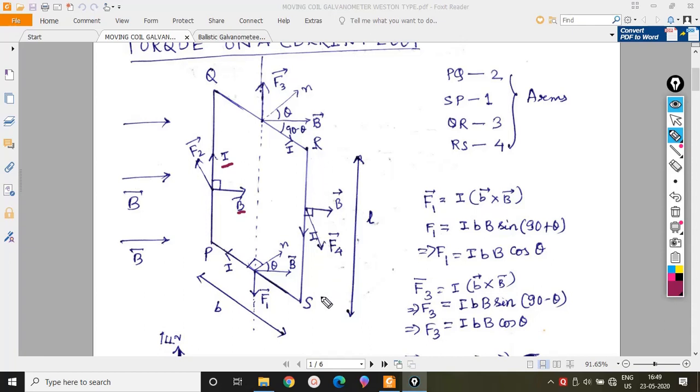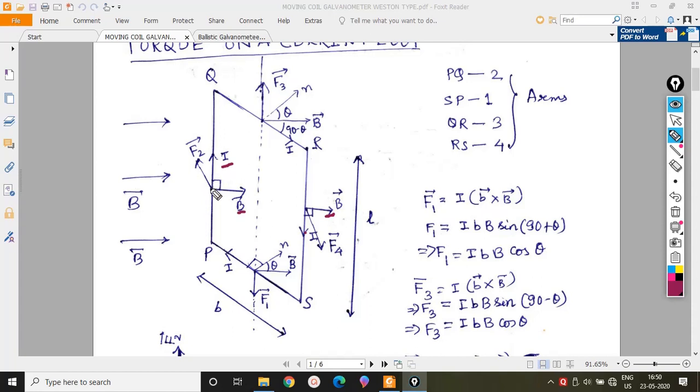And in the case of your RS, again this will be the direction of your L vector, and this will be the direction of your magnetic field B. The angle between them will be 90°, and if you take the cross product, the screw will turn from this to this, and the F4 vector will be directed upwards towards us from your computer screen here.